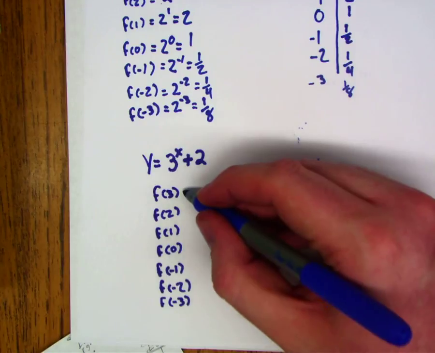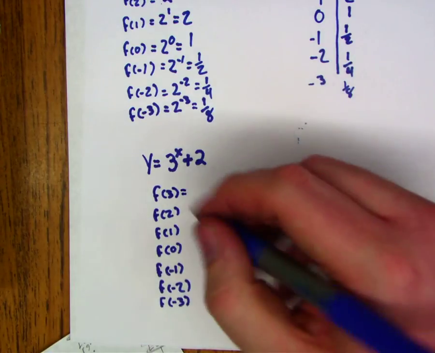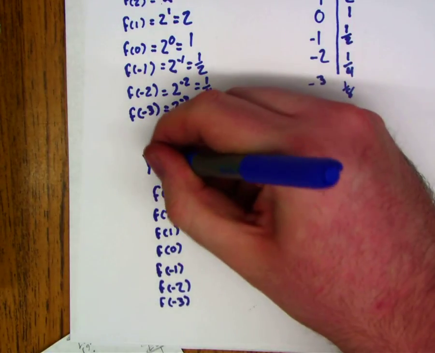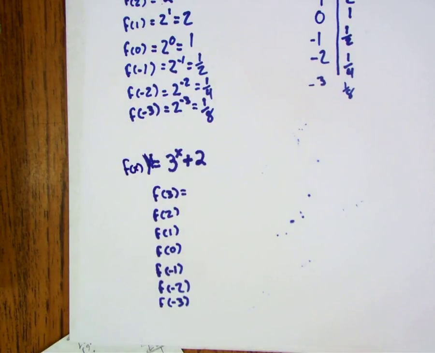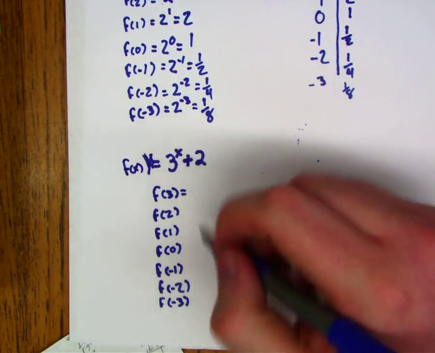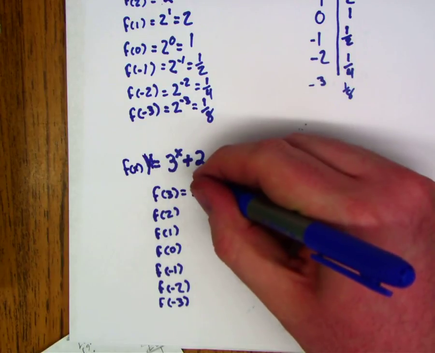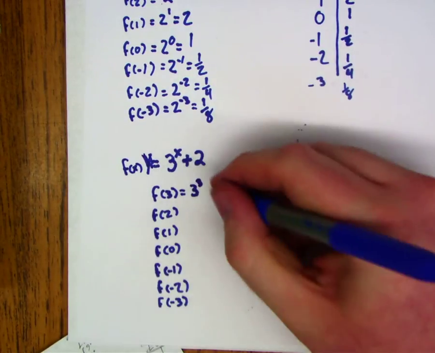So, just a quick reminder here, again, because function notation, we haven't had this for a while. In this case, when I'm looking for this new f of x, which, again, we should call an f of x rather than y, this time it's going to be 3 to the x, 3 to the 3.